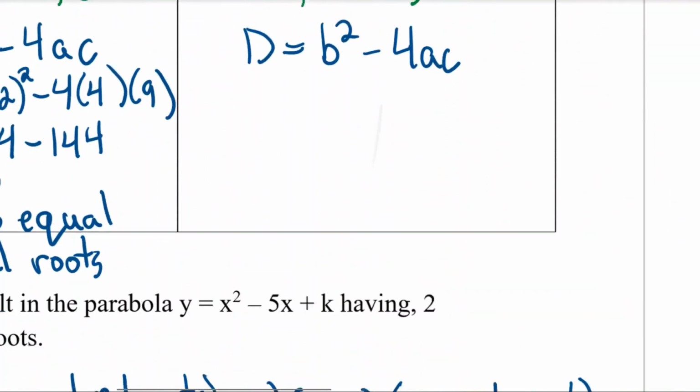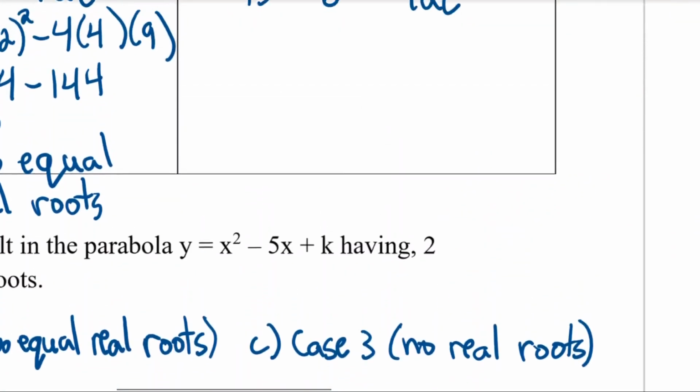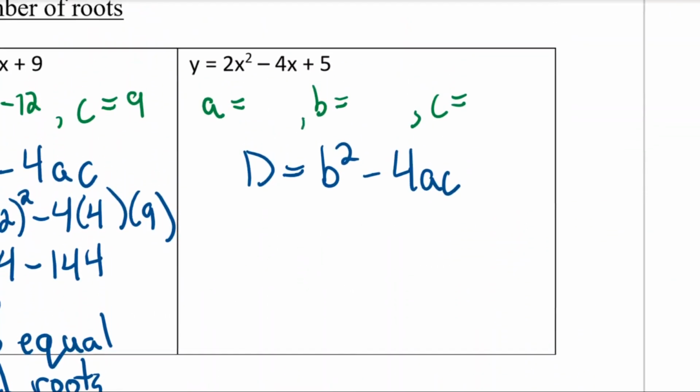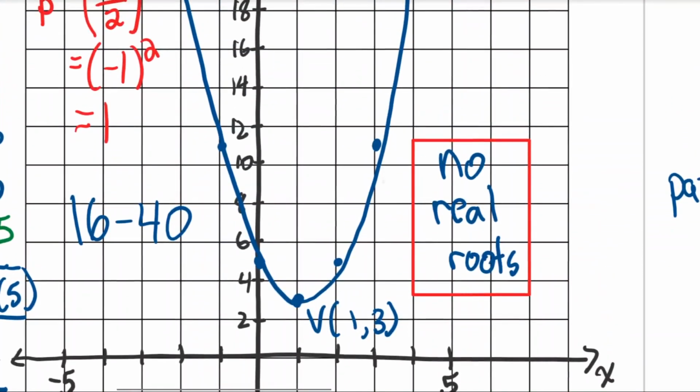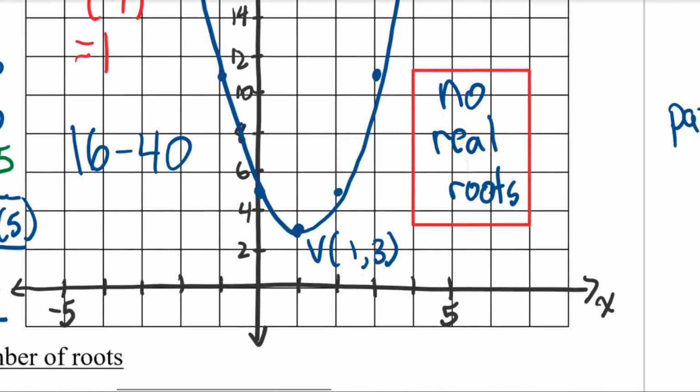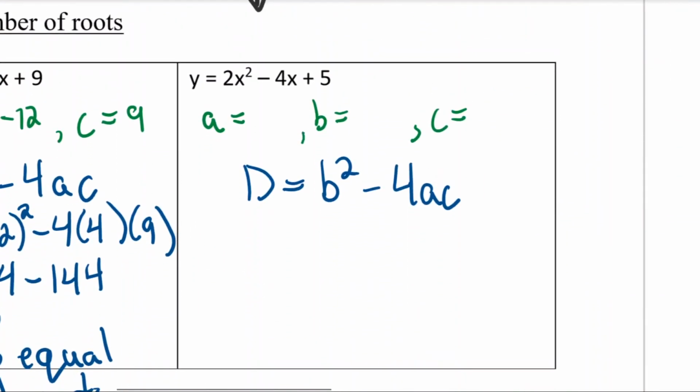And then going back to our third example, this is the one where we just did, and we noticed, look, there are no real roots here. There's no x-intercepts. And so we get 2 here, negative 4 here, 5 here. Put that into the discriminant.